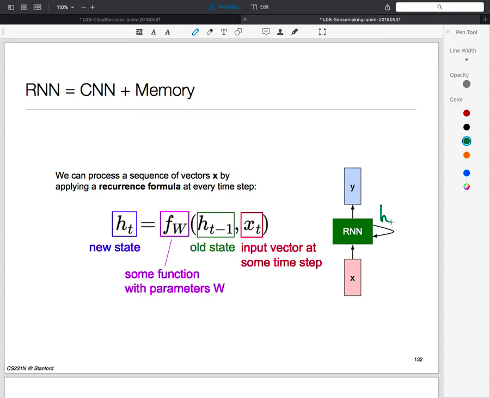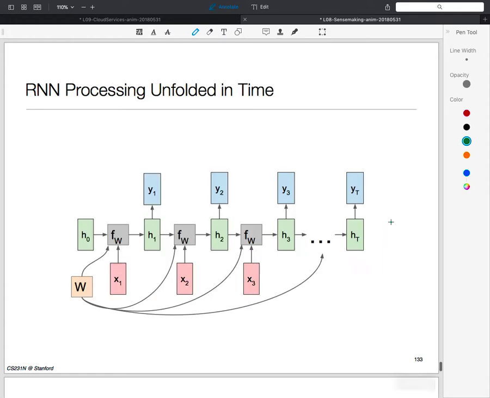The hidden state at time t is some function, again using those neurons, of the hidden state in the previous step and the current input. If you have done a digital logic course, this is like the register in your finite state machine: you keep a value, and the next time you use that value again and update it. So you're outputting something and updating the state. That's the concept in a recurrent neural network.